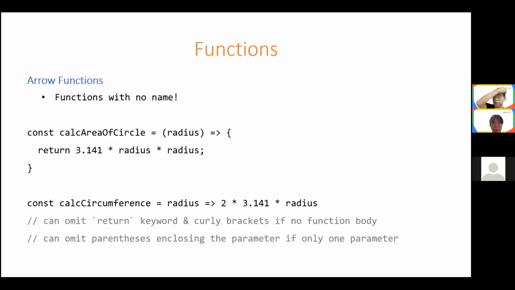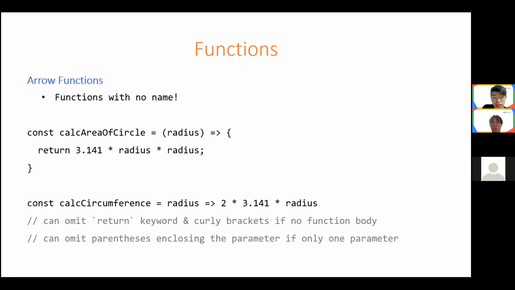In JavaScript, we often don't need to name our functions, especially when we're passing a function as an input to another function. So instead, we try to create inline functions. We don't need to name these functions because we don't want to use them elsewhere.